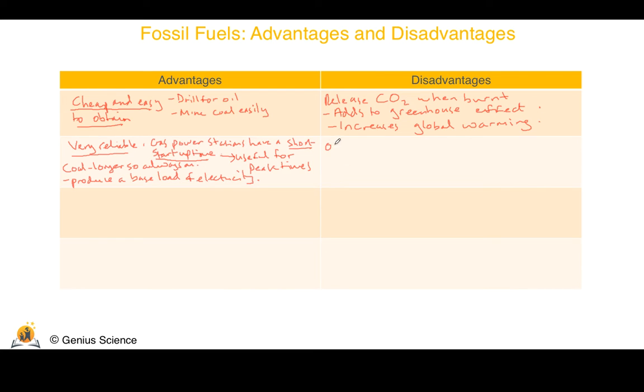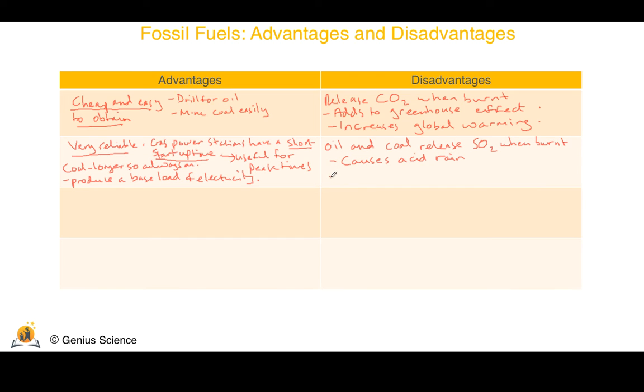Another disadvantage is that oil and coal release sulfur dioxide when burnt. Too much sulfur dioxide being emitted into the atmosphere can cause acid rain. Sulfur dioxide emissions can also cause breathing problems in living organisms.